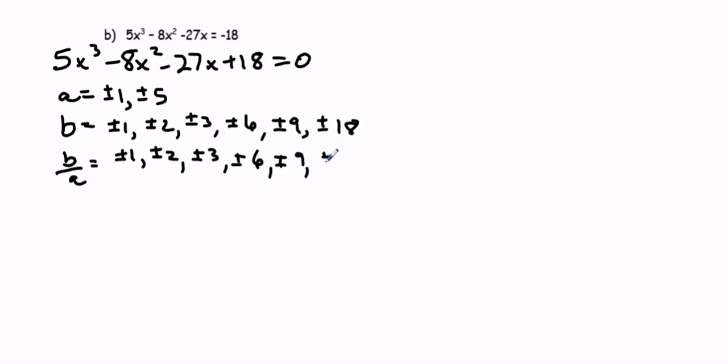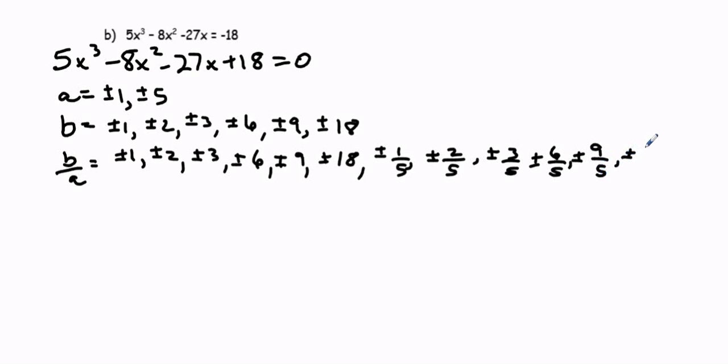And then we also have plus or minus 1/5, plus or minus 2/5, plus or minus 3/5, plus or minus, what am I at? 6/5, plus or minus 9/5. At least I didn't have to reduce fractions, and plus or minus 18/5.